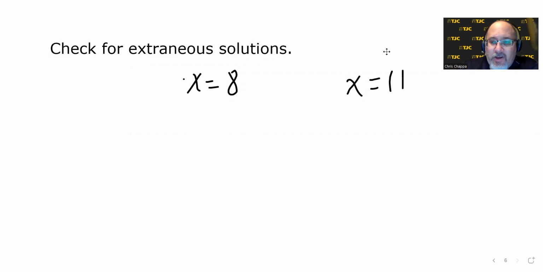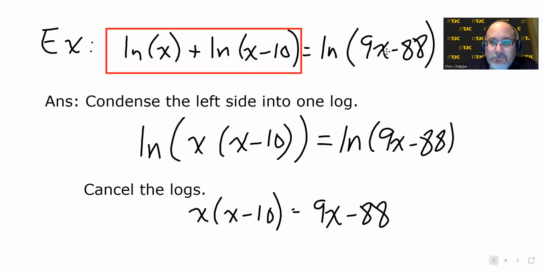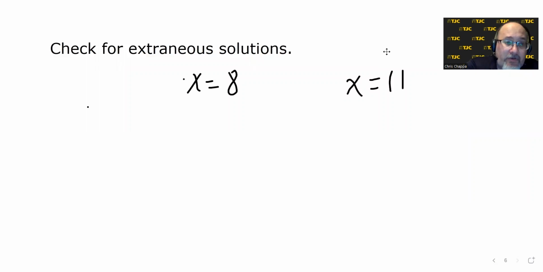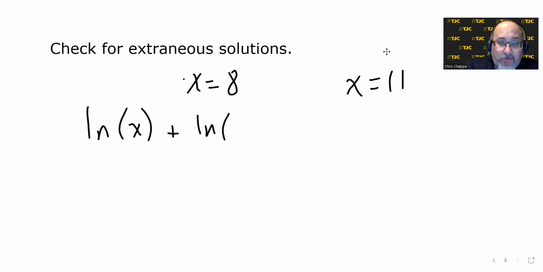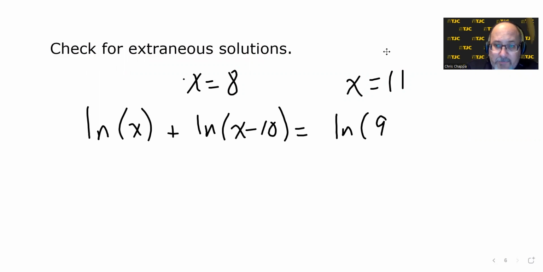Well, the original equation is right there. Natural log of x plus natural log of x minus 10 equals natural log of 9x minus 88.